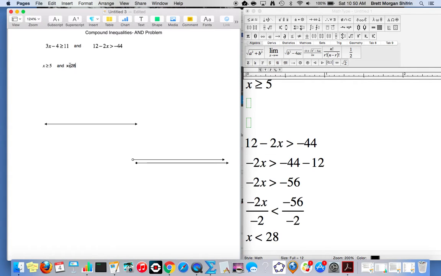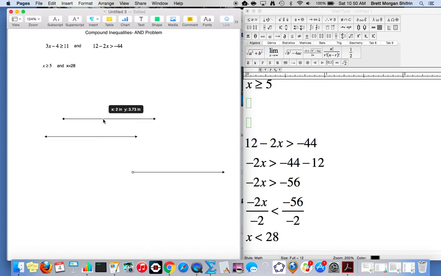So now I'm looking for values in which x is greater than or equal to 5 and x is less than the other bound. So if I come down here, I can represent x is greater than or equal to 5 with this number line.